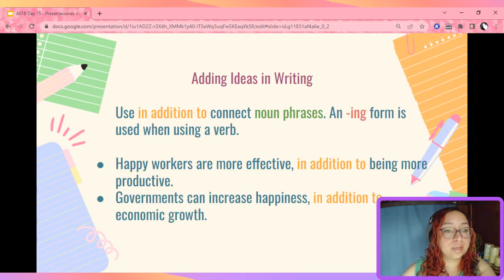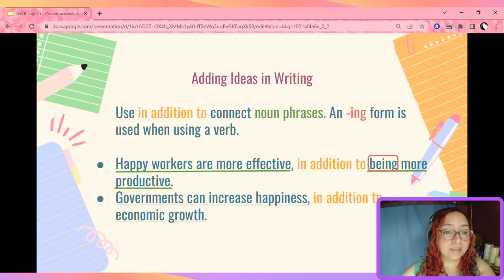But if you're going to use noun phrases and you need to use a verb, please use in addition to. Happy workers are more effective in addition to being more productive. If you notice, we are using being with ing, right? Here you could also use a noun.